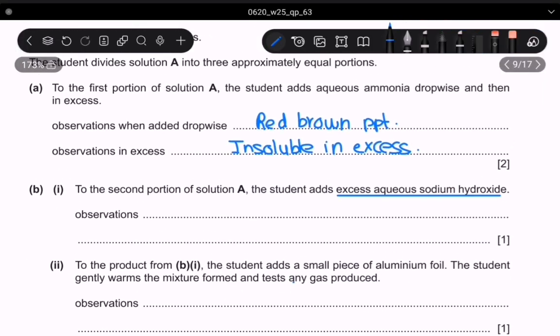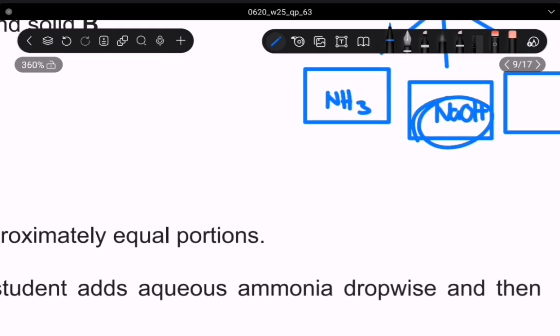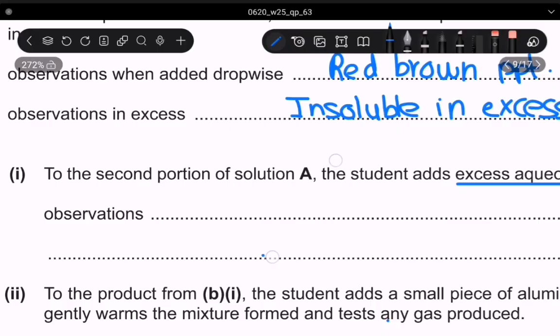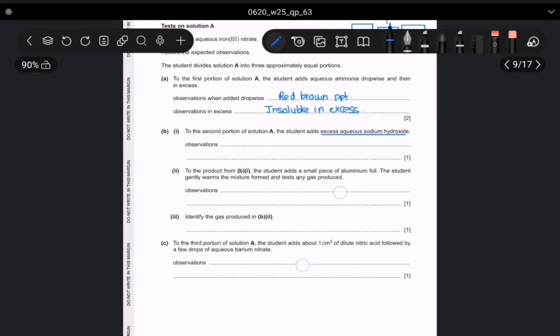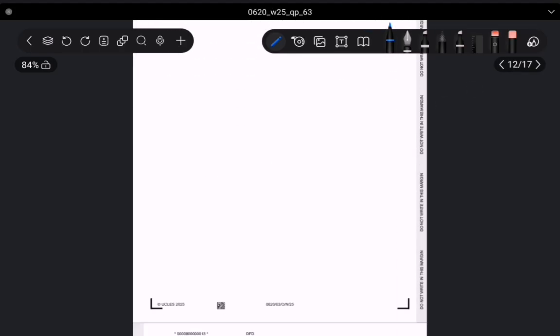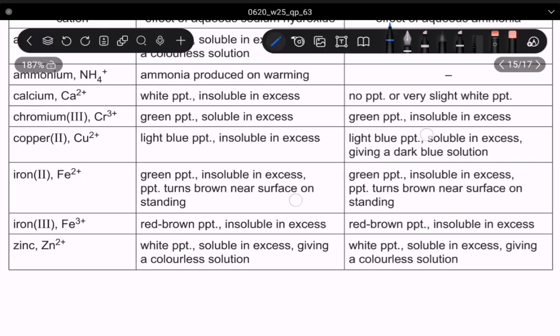To the second portion of solution A, the student adds aqueous sodium hydroxide. I think we wrote NaOH. Now, what are the observations? Going back to those notes again, we know that we're adding this to iron, which is insoluble in excess.